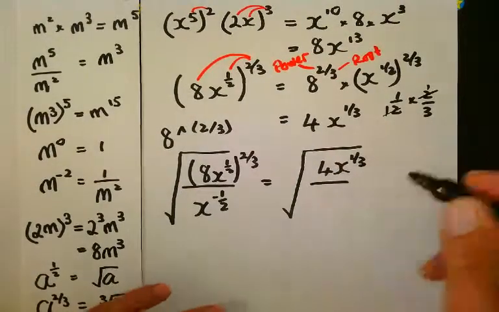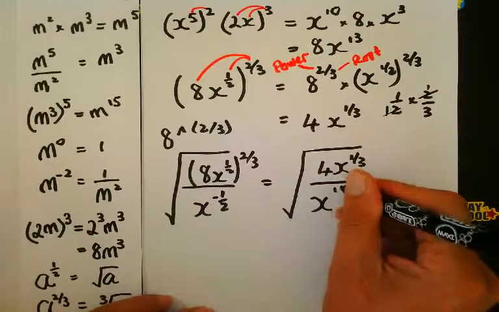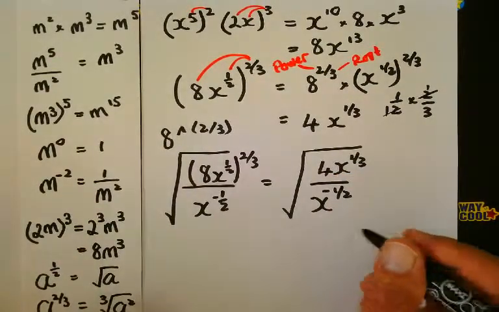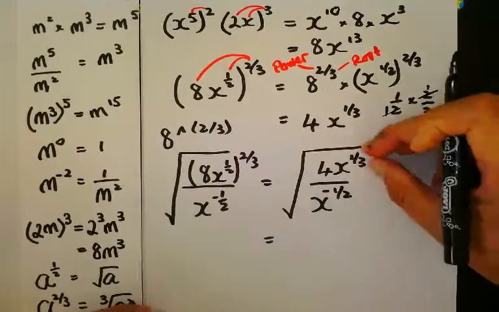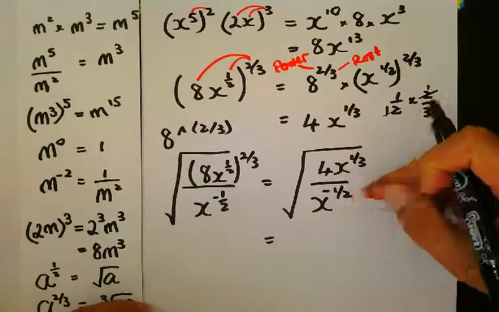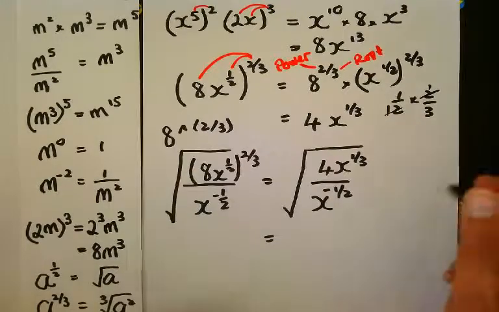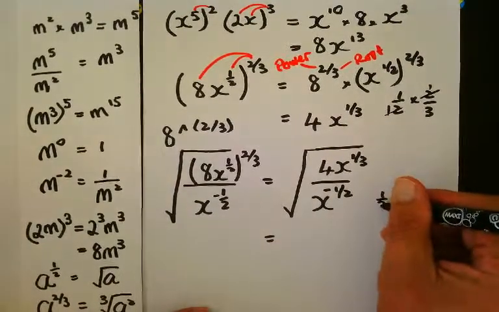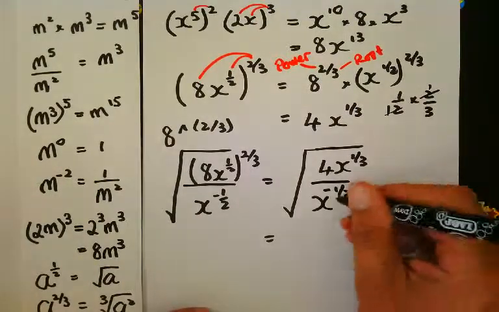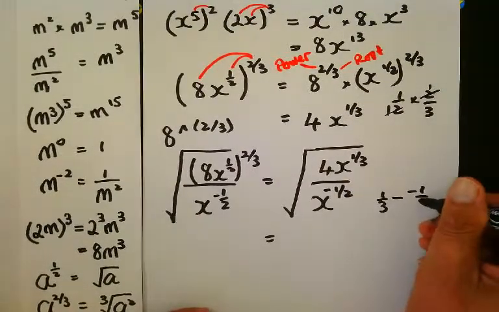Now, let me just put this here, and the question is, now there's a couple of ways we can deal with this. First up, this is a power over a power, or a power divided by a power, so we could, if we wanted to, go 1/3, and when we've got power divided by power, we just simply subtract -1/2.